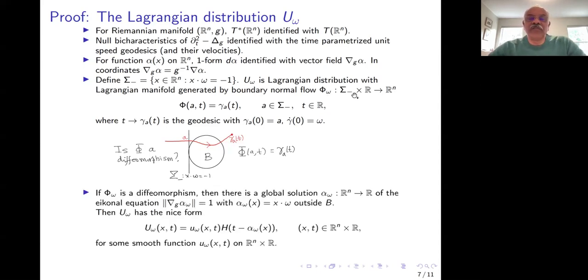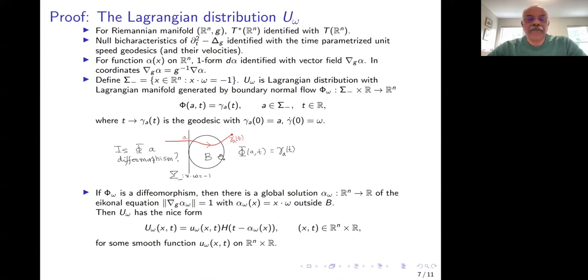If this map phi_omega is a diffeomorphism, then the eikonal equation, the norm of the gradient of alpha_omega with respect to G equals 1, has a global solution. So if this flow is a diffeomorphism, then the eikonal equation has a global solution, where alpha is equal to x dot omega outside, as if it's like the plane wave.